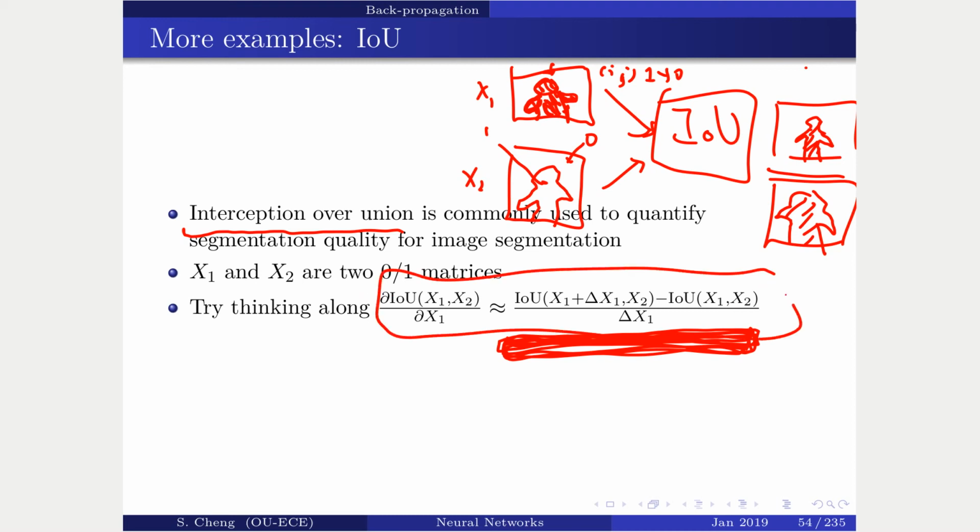If you just write the function and try to change this particular pixel from 0 to 1, and you think about how the output is supposed to change, then there would be several different cases, right? If the output is going to be bigger, then you know that I will have a positive gradient. If it's not going to change the output, then the gradient is equal to 0 in that case, and so on and so forth.